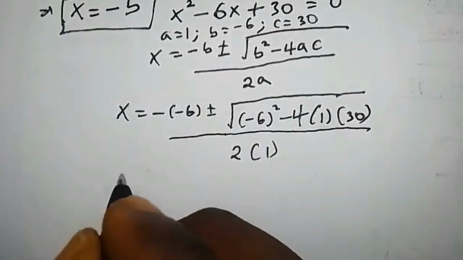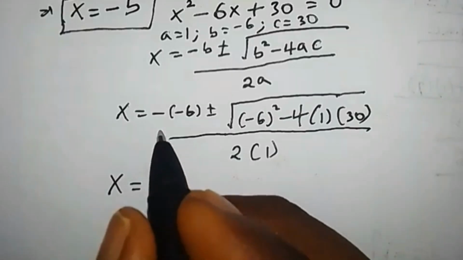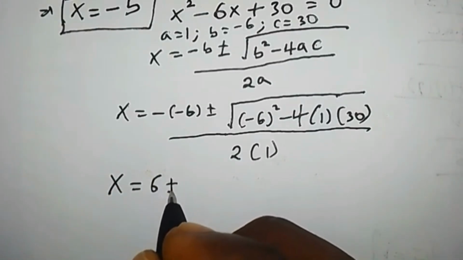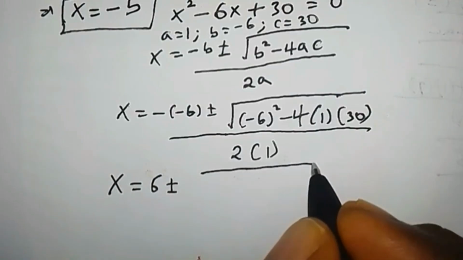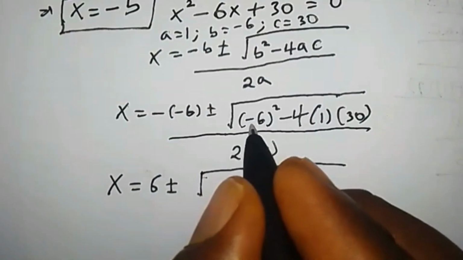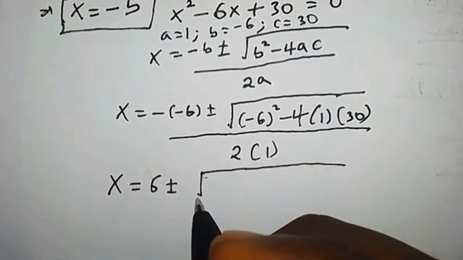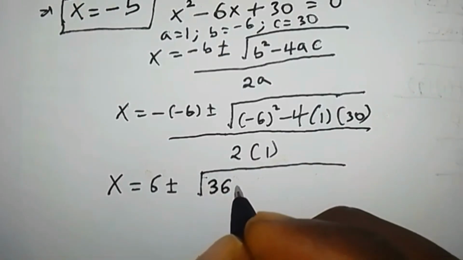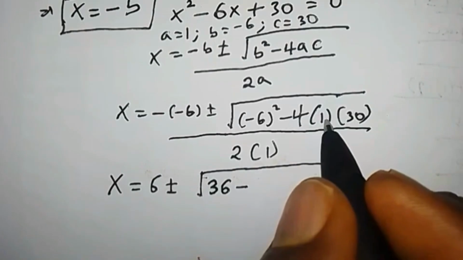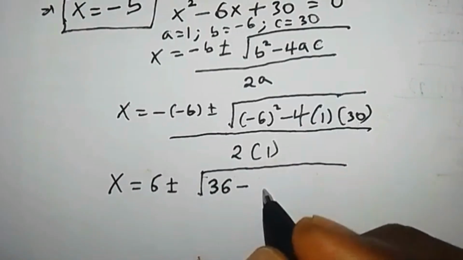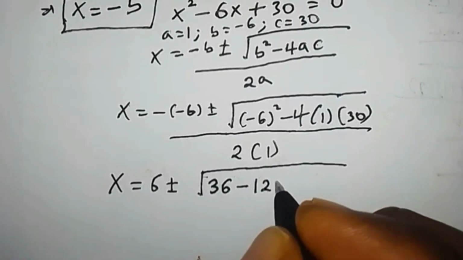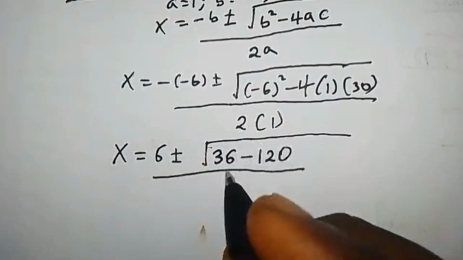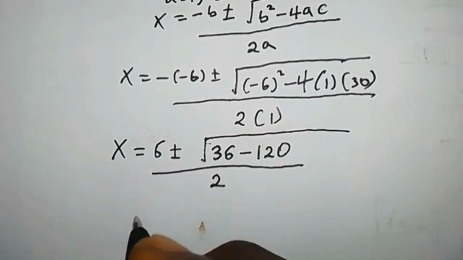Let's continue. x equal to minus times minus 6, that is 6, plus or minus the square root of minus 6 all squared, that is minus 6 times minus 6, which is 36, minus 4 times 1 times 30, that is 120, all divided by 2 times 1, that is simply 2.